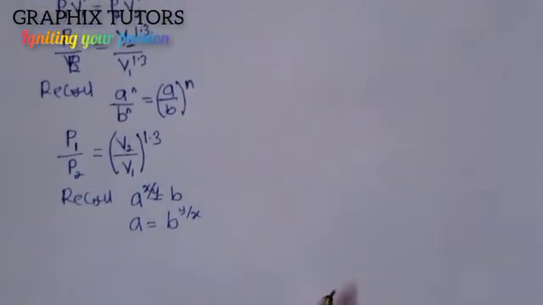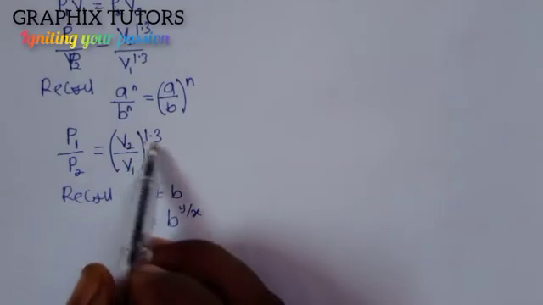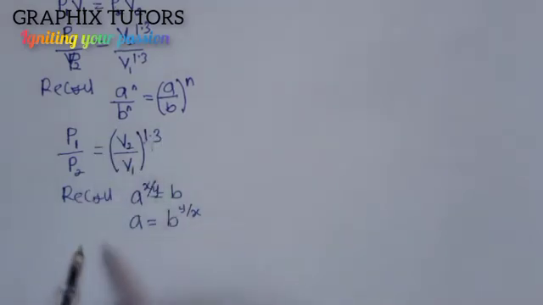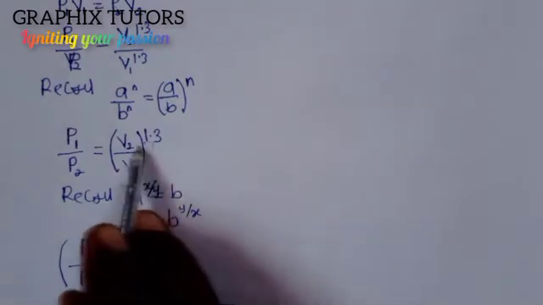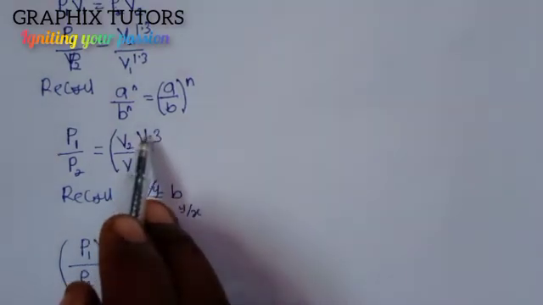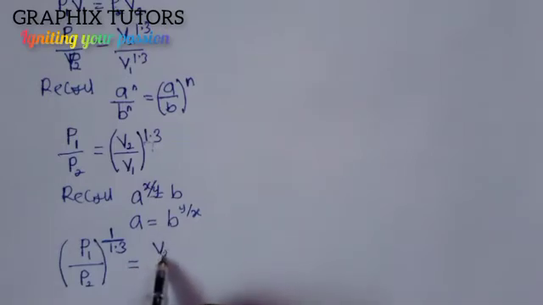Now if you look at this 1.3, it's not standing alone, it is 1.3 over 1. So when it's coming to the left hand side, we'll have P1 over P2 to the power of 1 over 1.3. So the 1 under comes on top, while the 1.3 on top comes under. This is just your indices. So this is equal to V2 over V1.